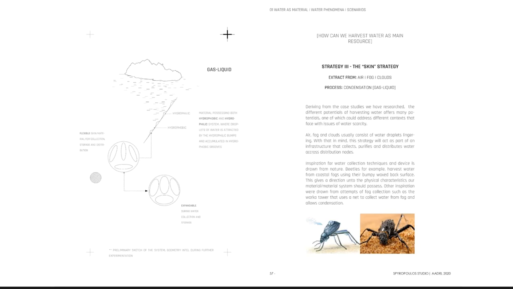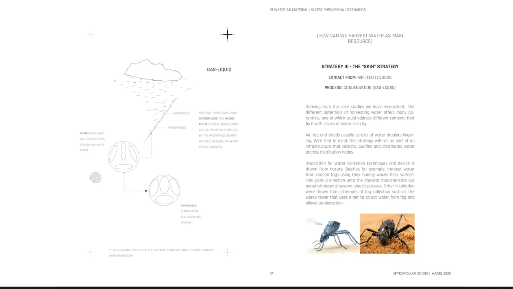And also we looked into other strategies from nature, like for example, the Namib desert has a texture that is scientifically called hydrophilic and hydrophobic. And we made simple sketches of how we would get inspired by these systems from nature of harnessing water, collecting water through fog, for example, from air.